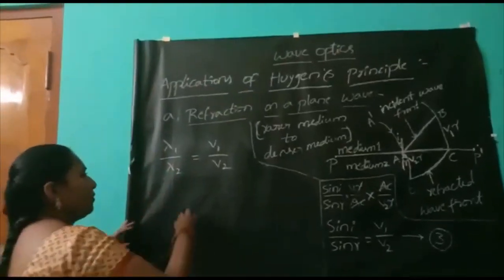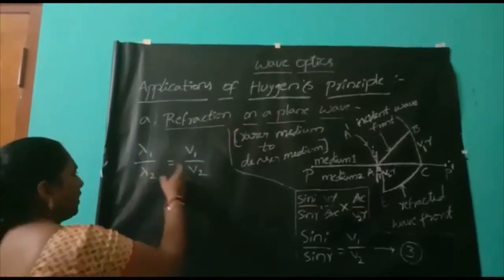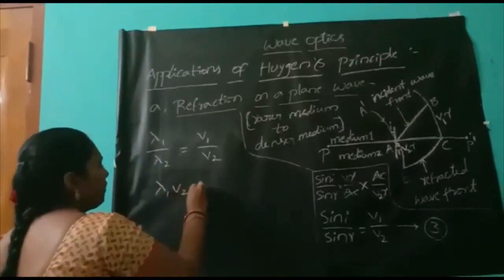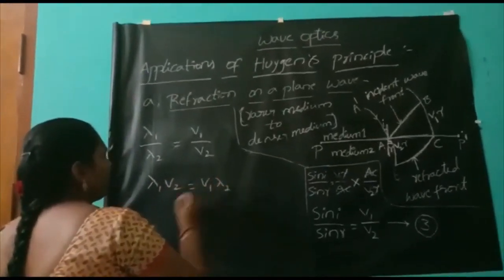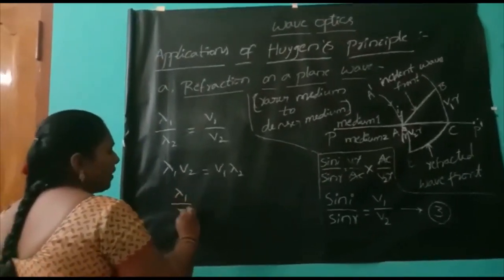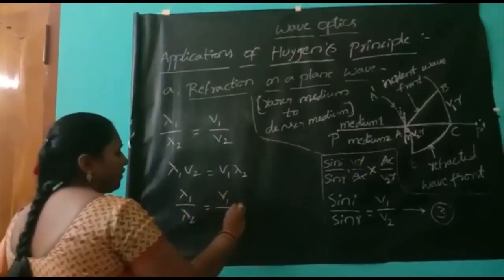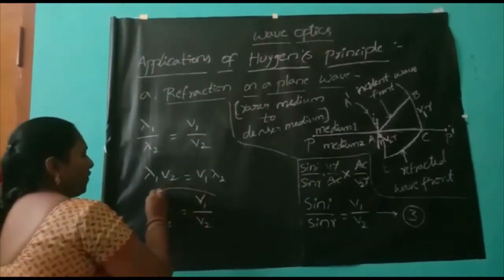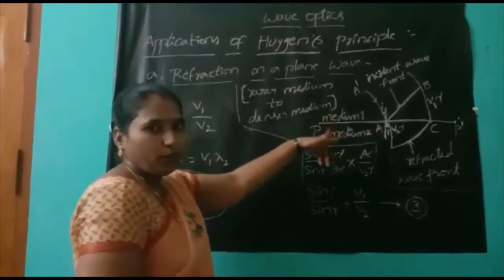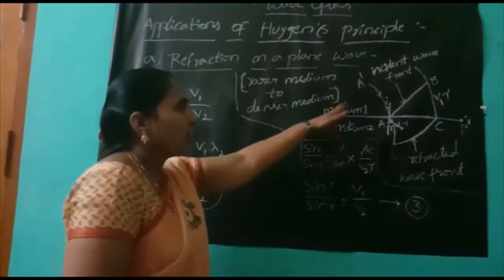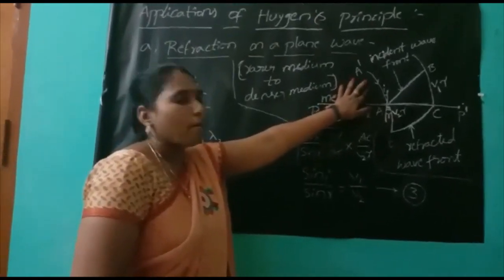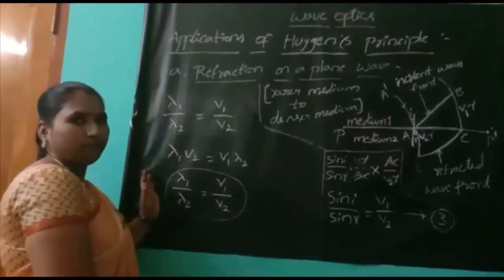Cross multiplying, lambda 1 V2 is equal to V1 lambda 2. When light travels from rarer medium to denser medium, wavelength and speed of light change, but not frequency.